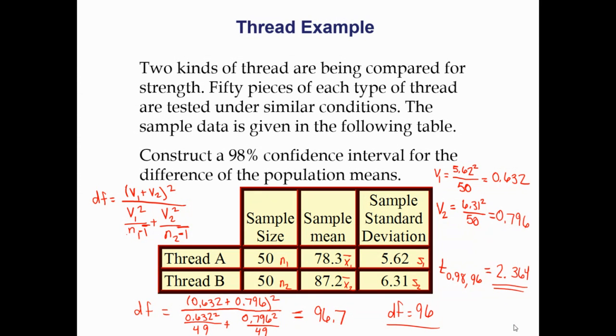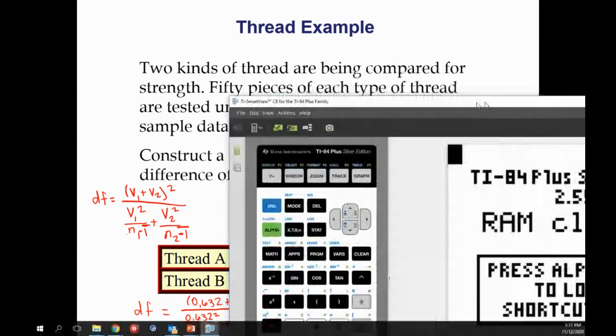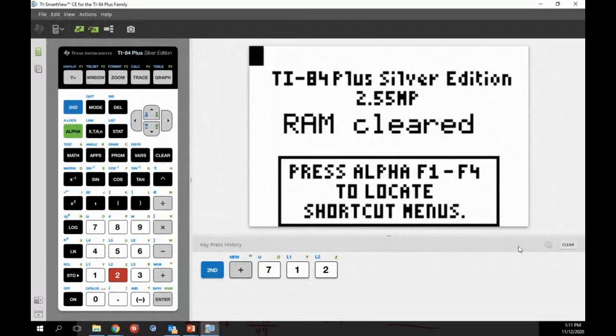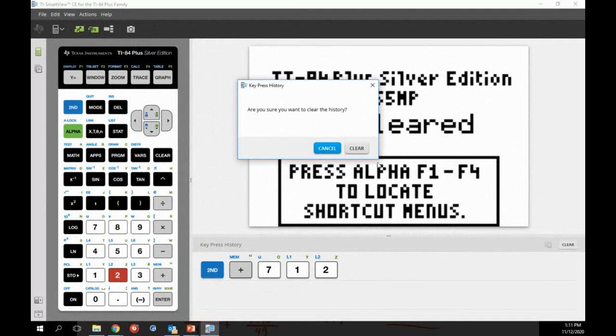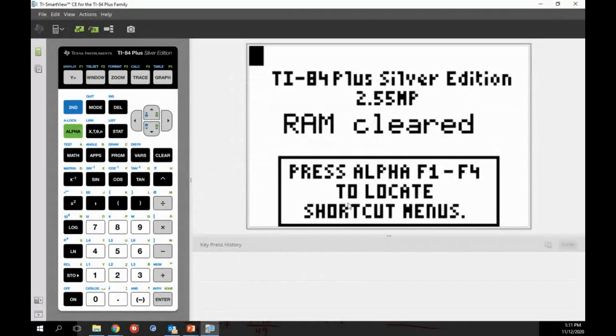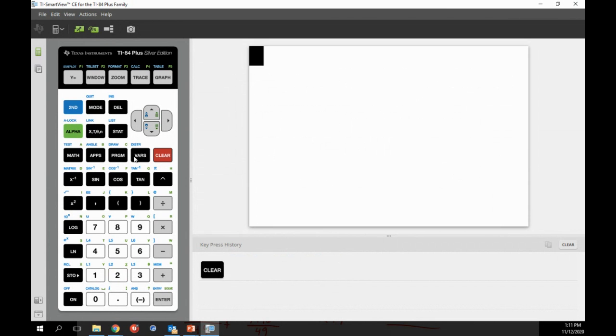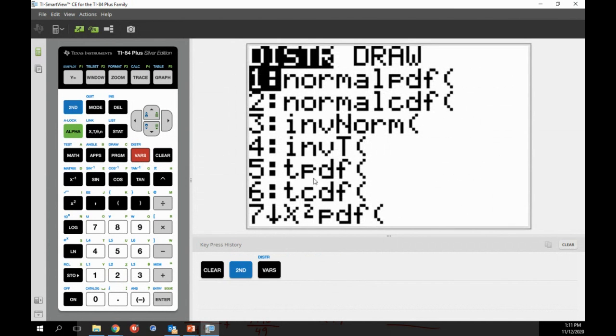But I want to show y'all something that you can do in your calculator. So let me clear out my steps here. Y'all remember how we got to that TCDF, where we did second and vars, and there's that TCDF. Well, I don't want the CDF.